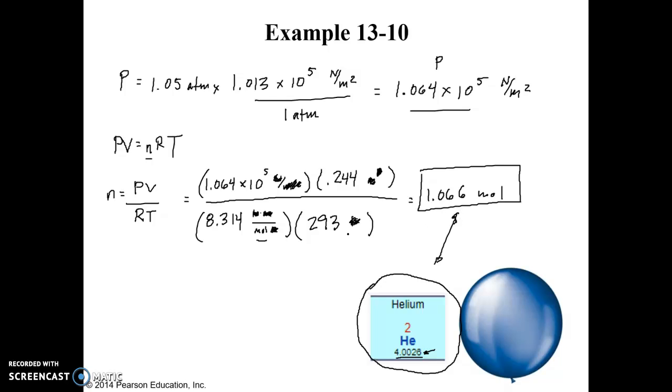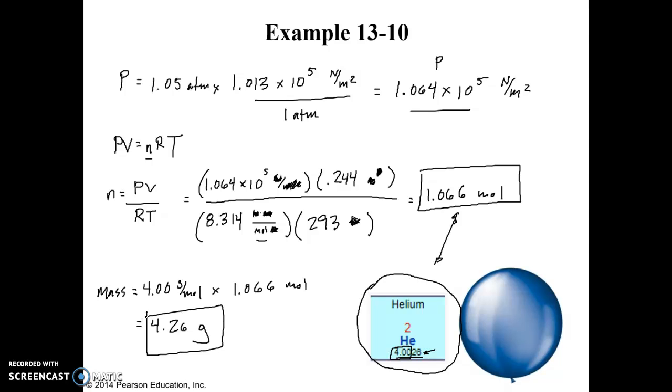So if I have 1.066 moles of helium, the mass is going to be, and I really only need 3 significant figures there, 4.00 grams per mole multiplied by 1.066 moles. That gives me 4.26 grams. That's the mass of the helium inside this balloon.